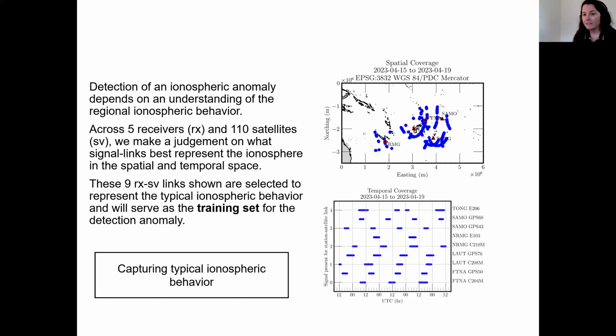We've decided that this is now the representation of the typical ionospheric regional behavior. And so this data is what we're going to use to train our prediction model on.